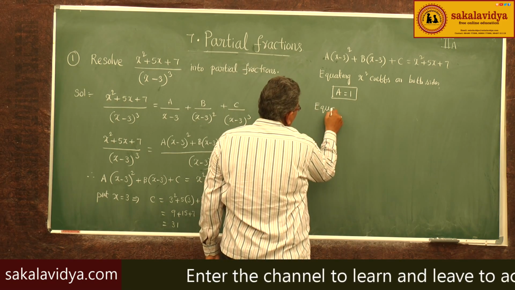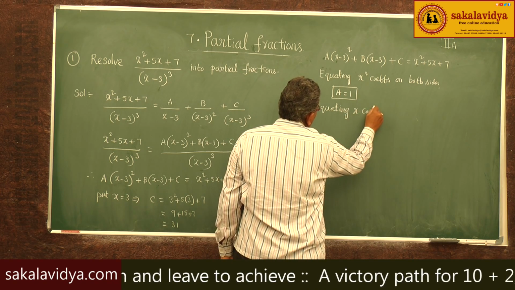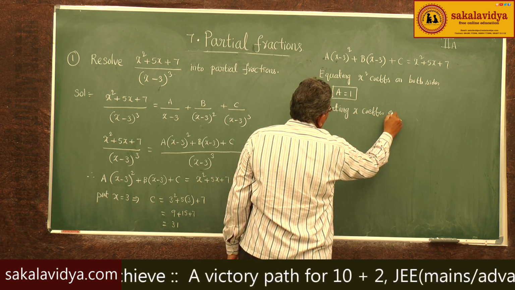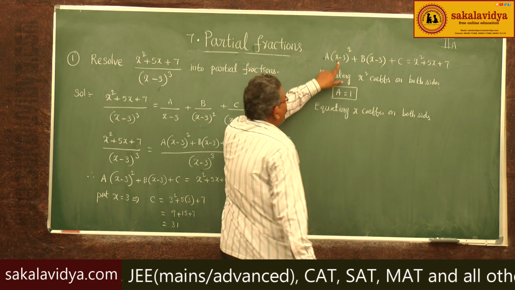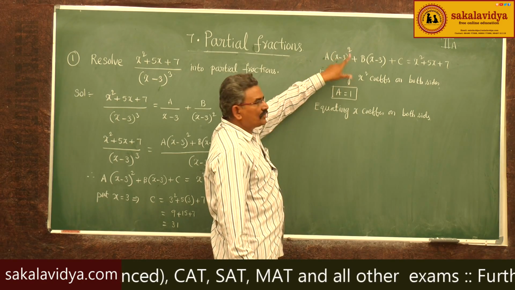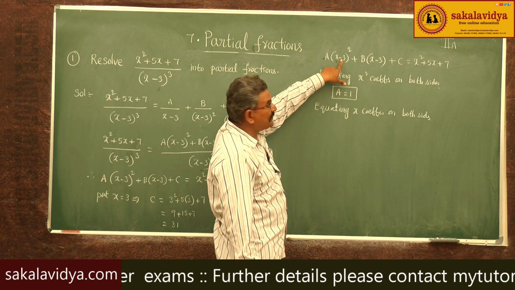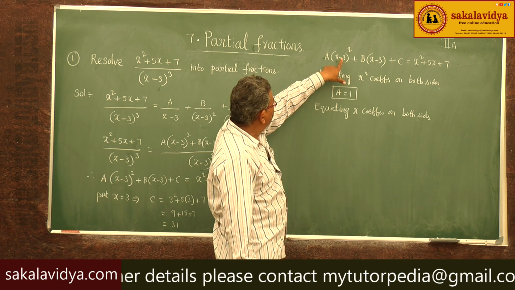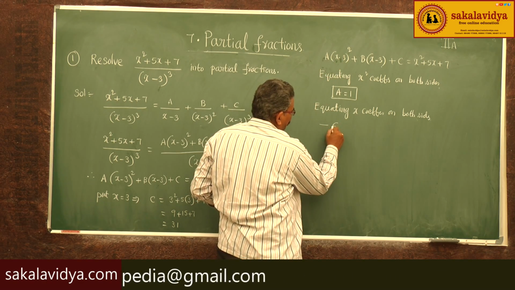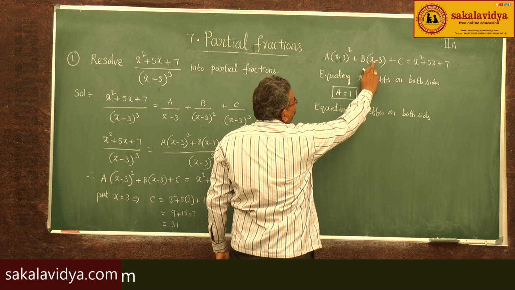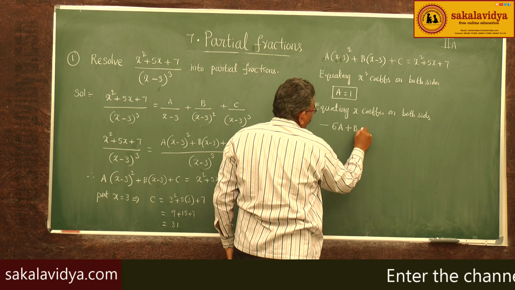Equating x coefficients on both sides. See, x coefficient means in this (x minus 3) whole square also we get an x term. That is, (x minus 3) whole square gives minus 6x, minus 6 multiplied by a, minus 6a, and here the x coefficient is actually b, so minus 6a plus b equals, this side is 5.